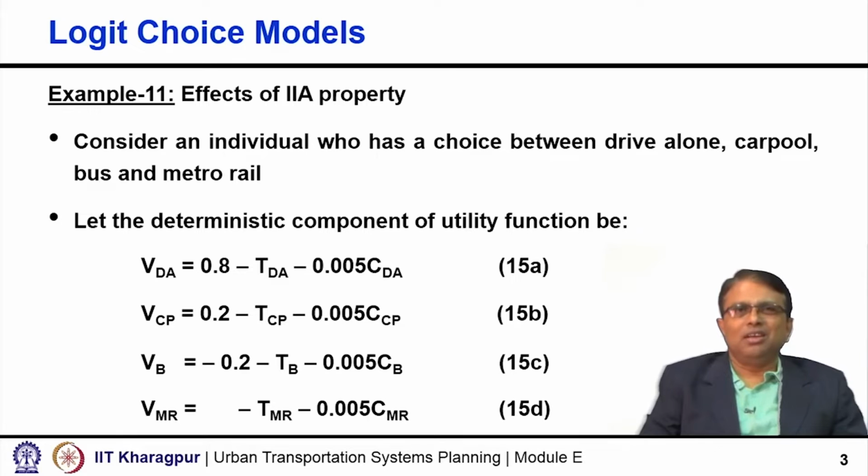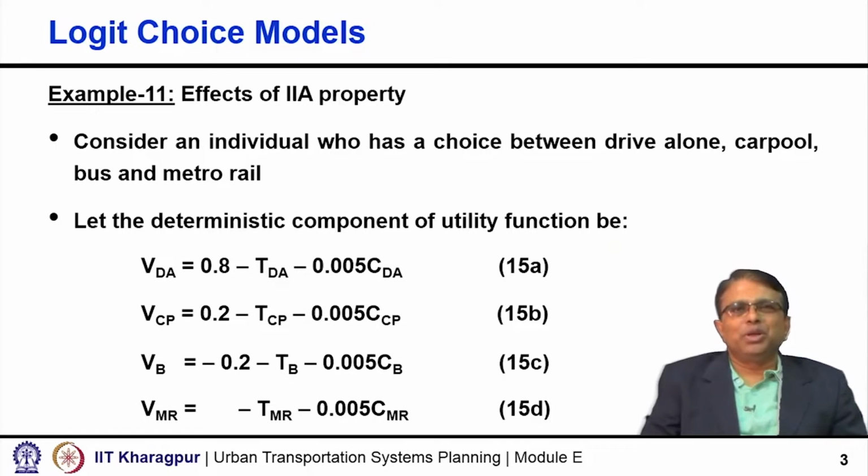Consider an individual who has a choice among drive alone, carpool, bus and metro. Bus and metro are both public transport, carpool and drive alone are more private vehicle oriented, but operate differently. In drive alone, the person will travel alone, and in carpool multiple or known people, 2, 3, 4 people may travel together.